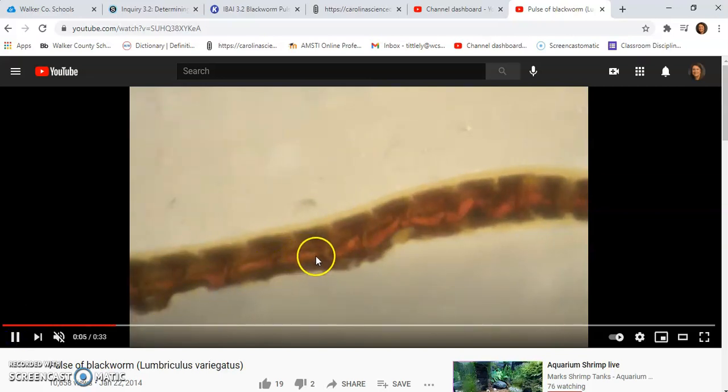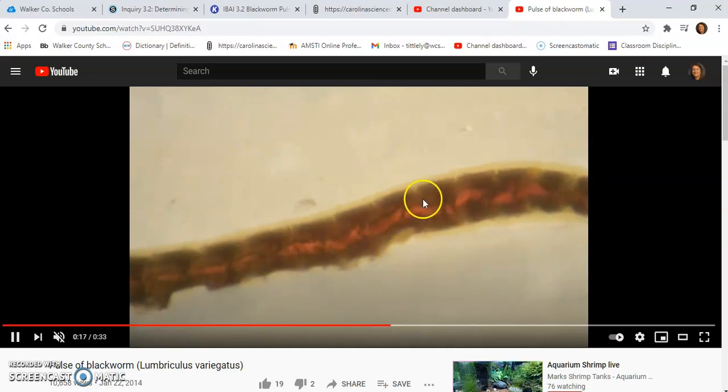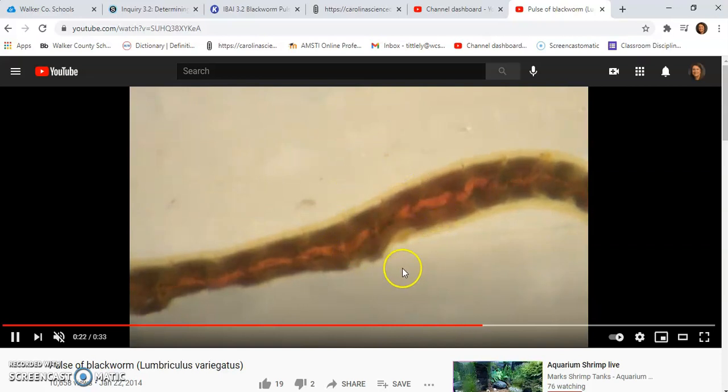You see the blood moves through their body in waves. To keep this as consistent as possible, I'm going to pick a section right here in the middle, and I'm going to keep my eyes on that section. Every time one of those pulses of blood goes through that part of the blood vessel, I'm going to count it.